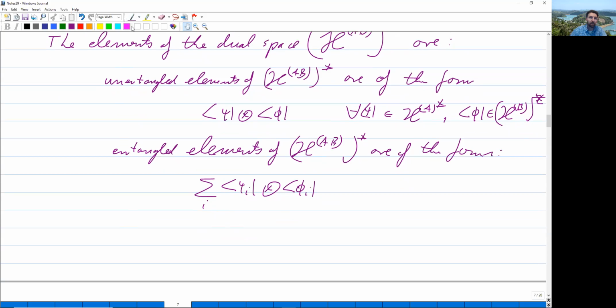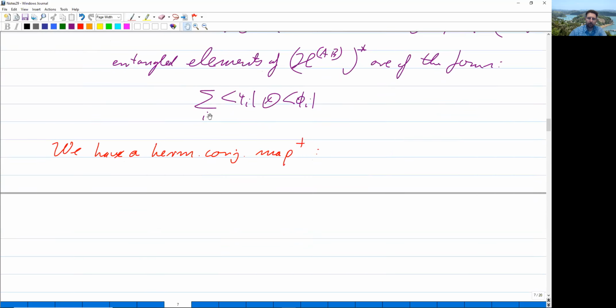Okay, so then we have a Hermitian conjugation map. All of this is very much in parallel to what we did earlier in the course when we first derived the Hilbert space structure of quantum mechanics. So we have a Hermitian conjugation map, dagger. And how does it operate?